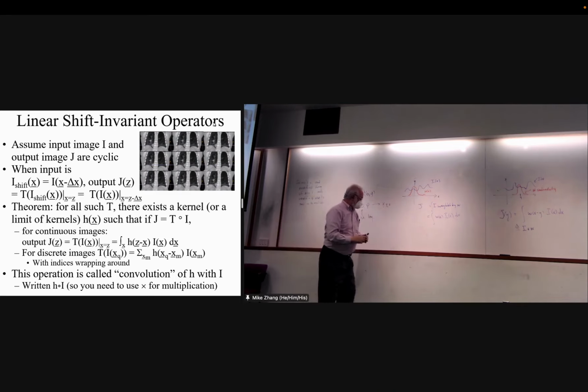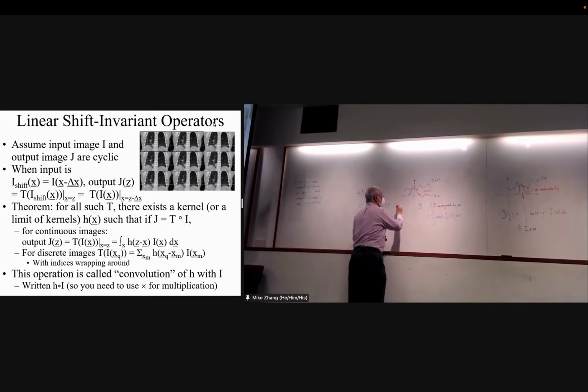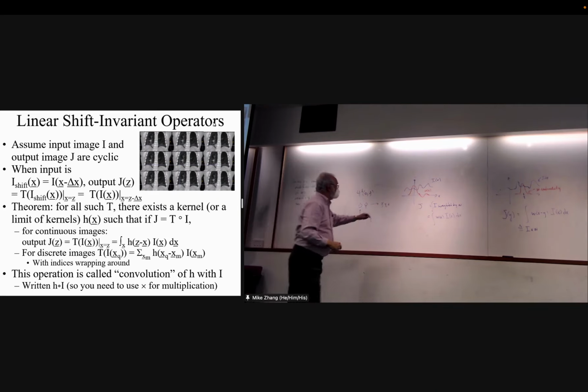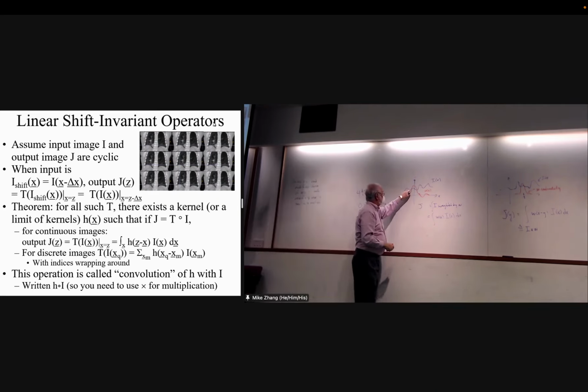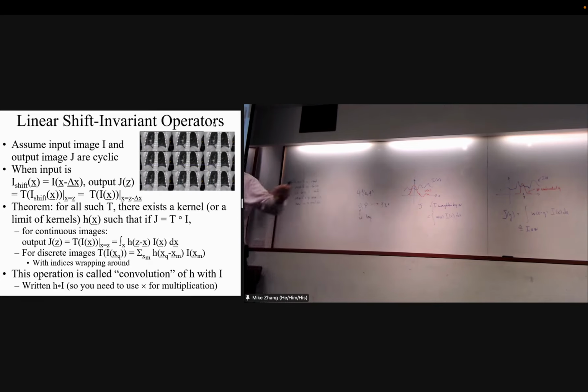Many of the ones we'll be talking about will be positive, but it can have some negative values as well. But we can multiply at every x the weight times the image and integrate, add it all up, and we get this weighted sum of I of x.